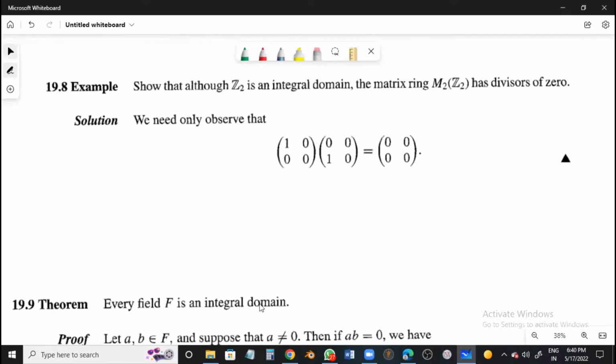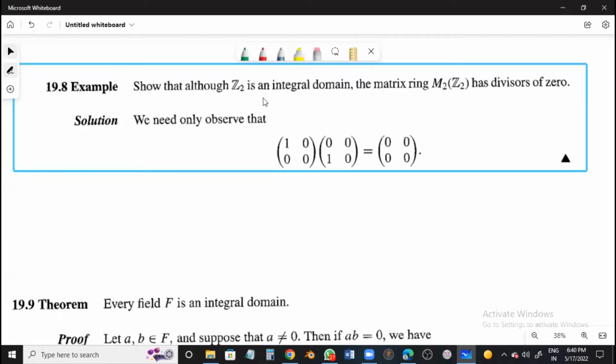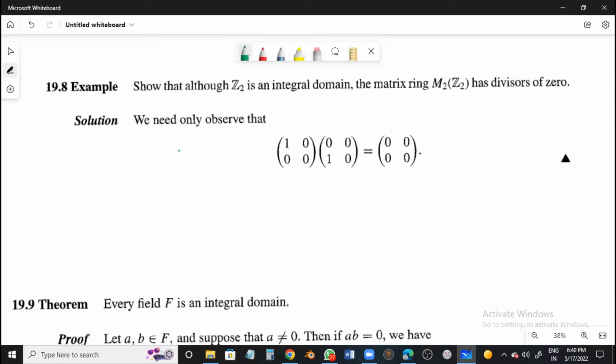Z2 is an integral domain. How is Z2 an integral domain? Can anybody explain to me? Yes, ma'am. Z2, Z3, Z5, Z7, all of them, they are integral domains.